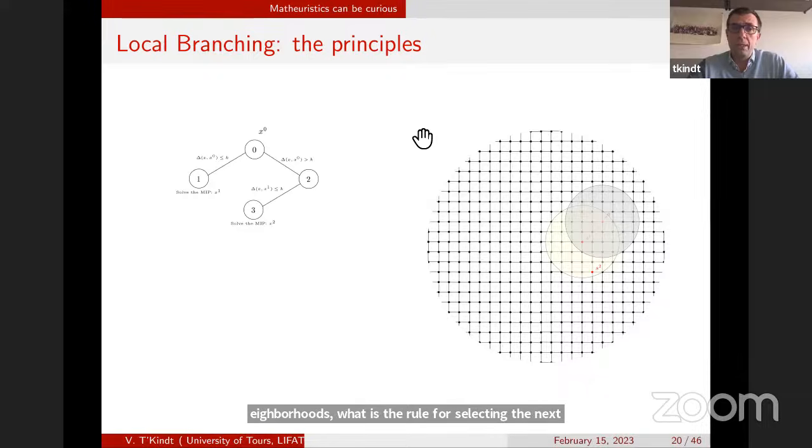We're not sure that selecting the neighborhood giving the best solution is the best strategy. And I can tell you from experiments that are still top secret that it's not the best strategy. So this really asks the question about how to select the neighborhoods, whatever is the way you select the neighborhood.